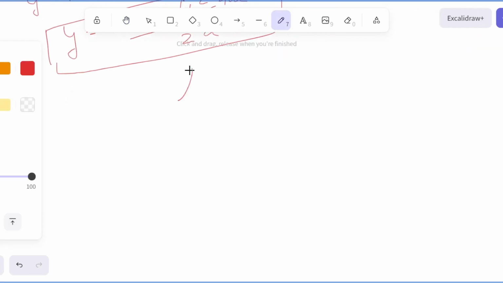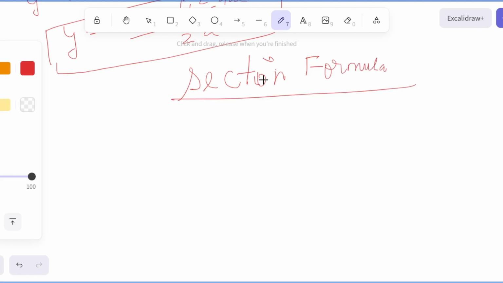So the section formula. Nathan, do you remember the section formula, how we did it last time? If you take one straight line AB and let there be one point C here, the question will be like, the point C is dividing this line in the ratio m is to n.